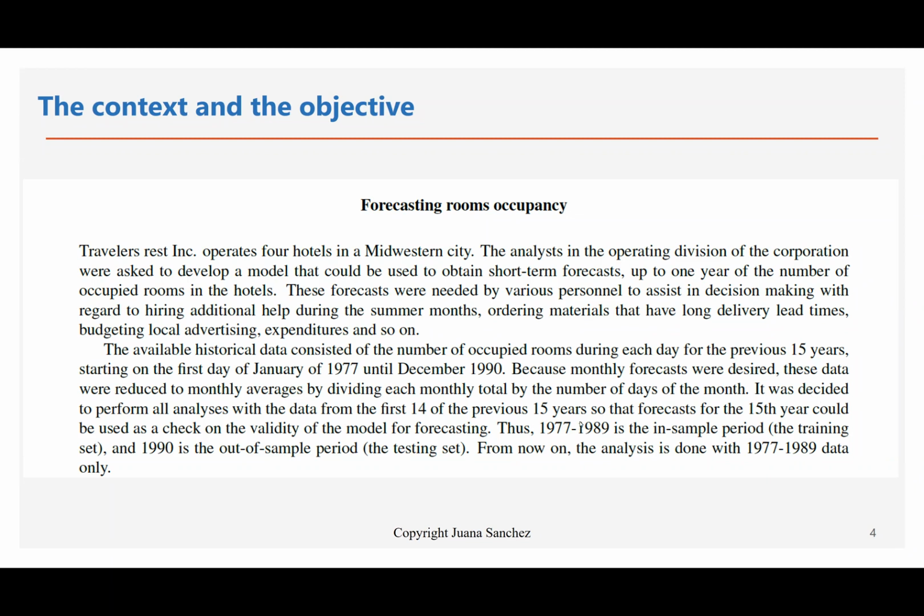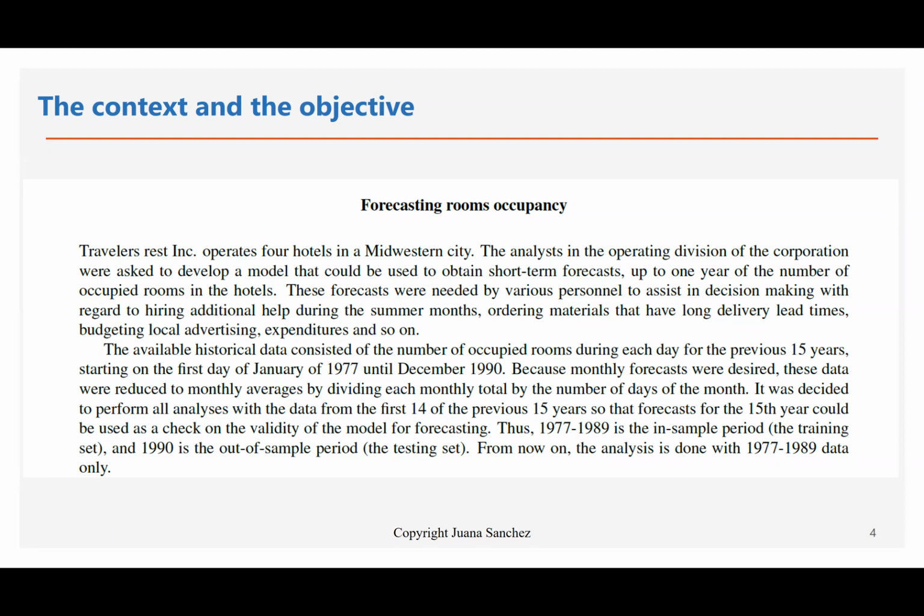And so we first decided what our training period will be. We decided the training period will be the first 14 of the 15 years. So we will have monthly data for 14 years, and we will forecast the 15th year. They are asking us for a model, and we want to give them a good model.